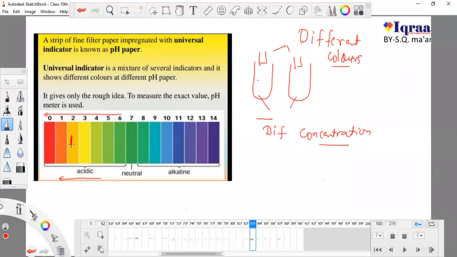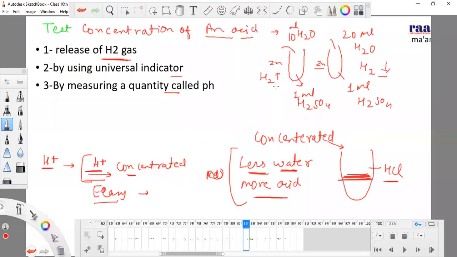So this will be strong acid and this will be weak acid when we compare these two, or the other way around. So you can identify which one is strong and which one is weak acid, or which one is concentrated or less concentrated. You can identify both things.